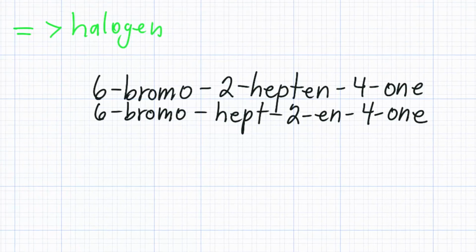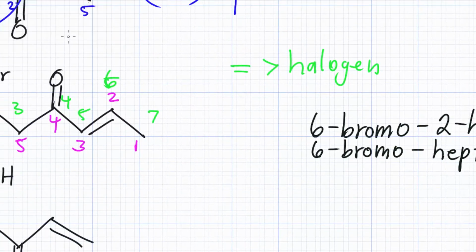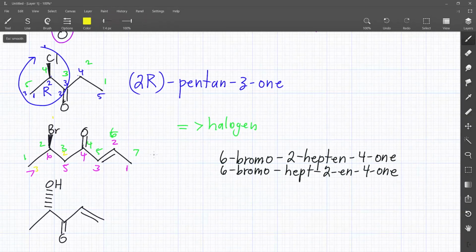Okay, so I have to assign my priorities. Since this is chiral 1, 2, 3, so that's going to be an R on carbon 6. So that's going to be 6R.